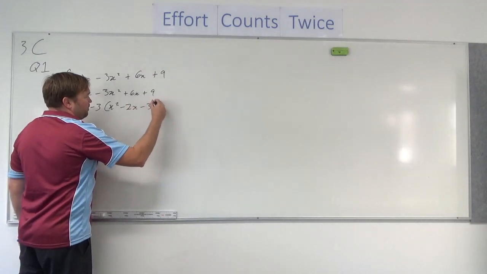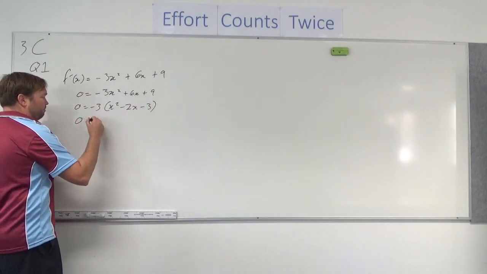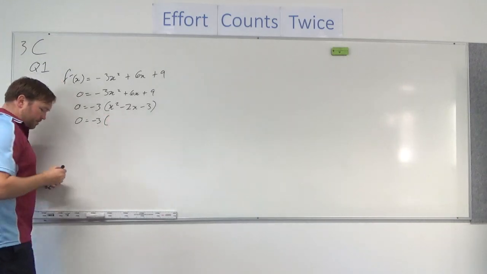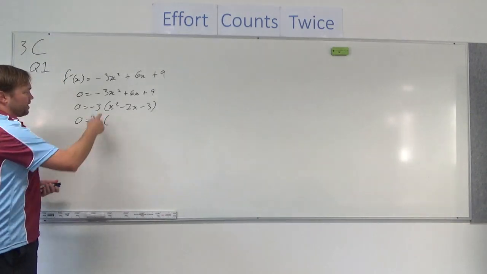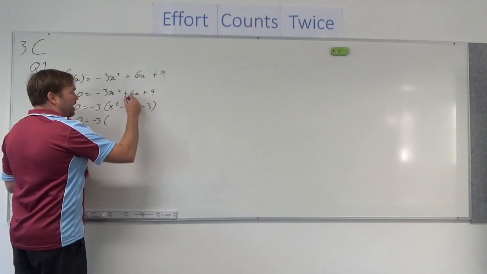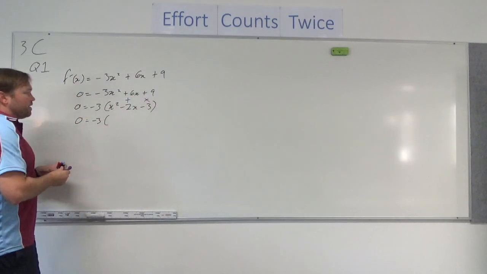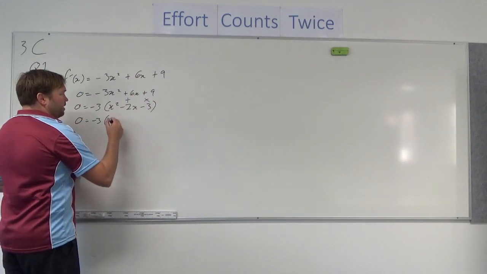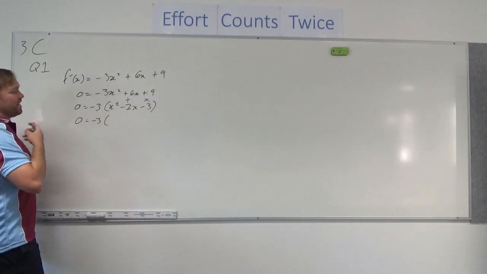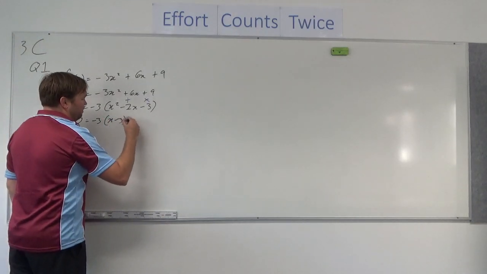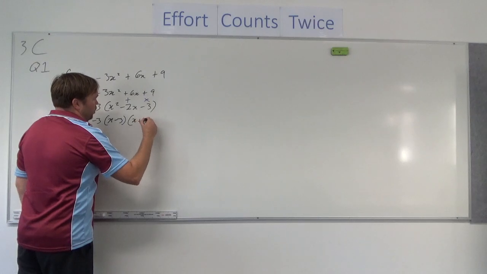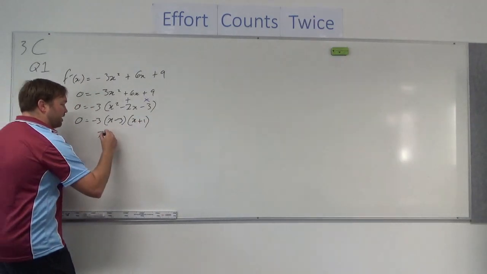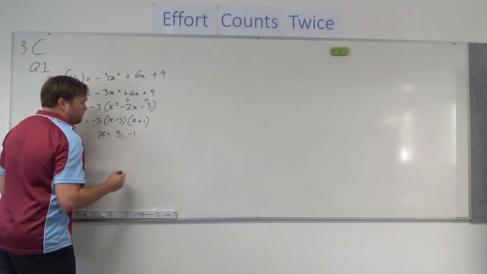Now, the reason we factor out minus 3, to get that coefficient of 1, is that with a coefficient of 1 we have sum and product. Sum and product looks like this. Things that multiply to -3 and add to -2 are (x take 3) and (x plus 1). Therefore our solutions are x equals 3 and minus 1.